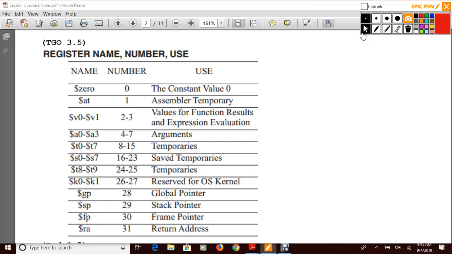It saves you a lot of time and extra work. You don't have to do a lot of shifting. For example, if you need to compare something that's greater than 0, you just use this zero register instead of having to store a value 0 into a specific temporary register. It saves you a couple clock cycles, which become very important when we do performance improvement.